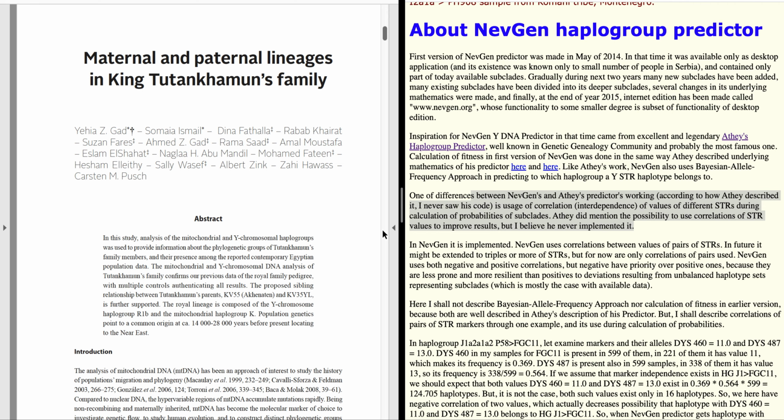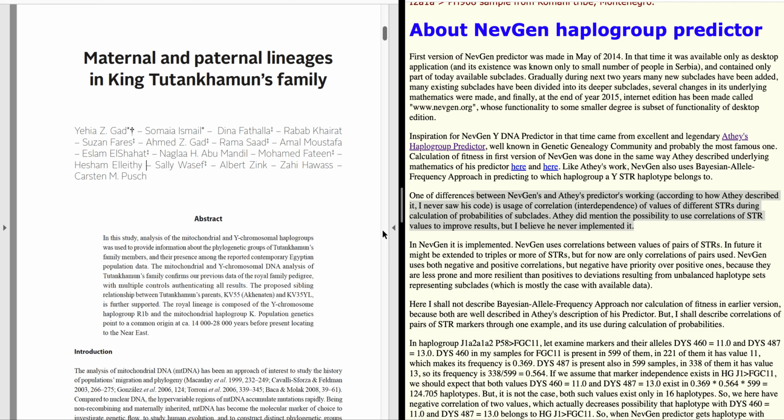The proposed sibling relationship between Tutankhamun's parents, KV55 Akhenaten, and KV35 Younger Lady is further supported.